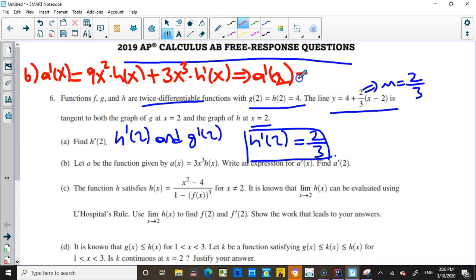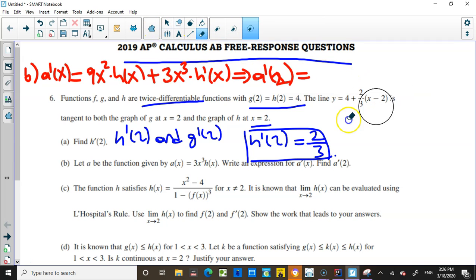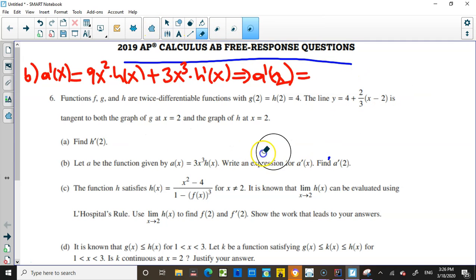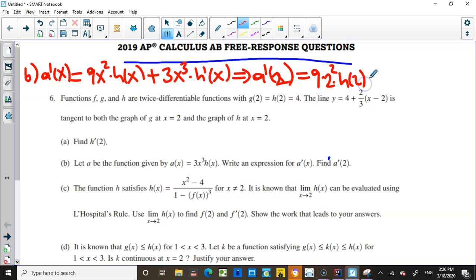Then we're going to evaluate this expression at x equals 2. This is going to be equal to 9 times 2 squared times h of 2, plus 3 times 2 cubed times h prime 2.